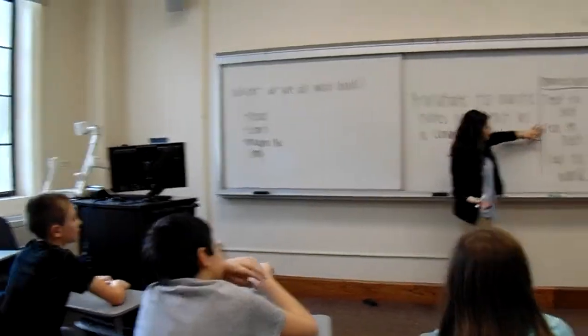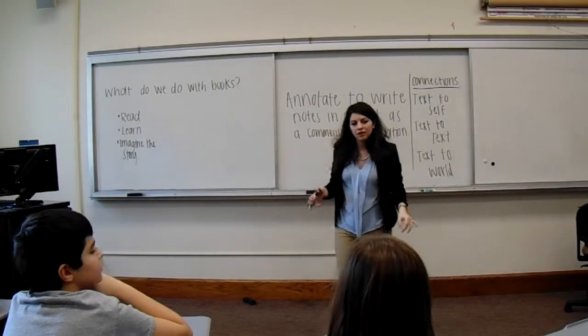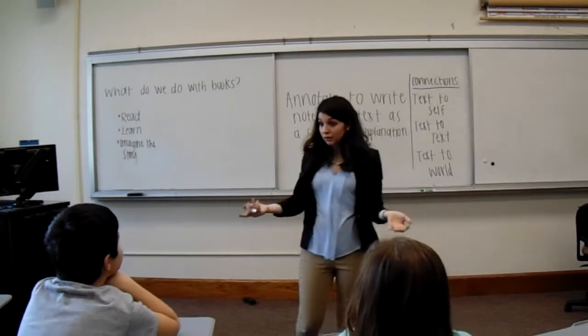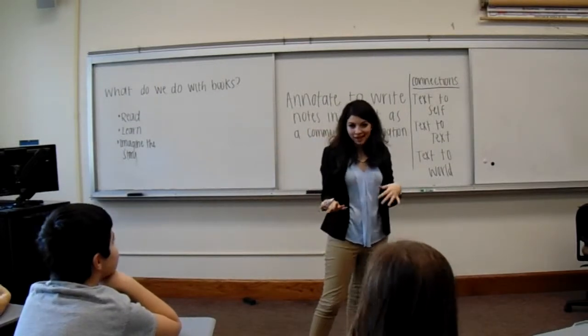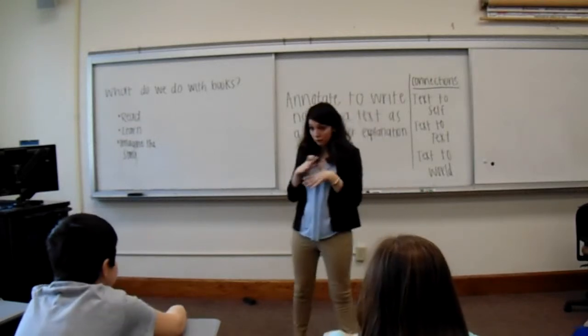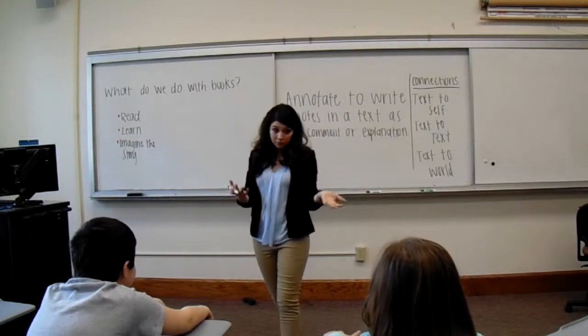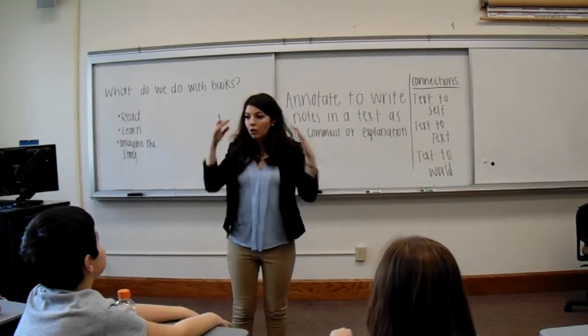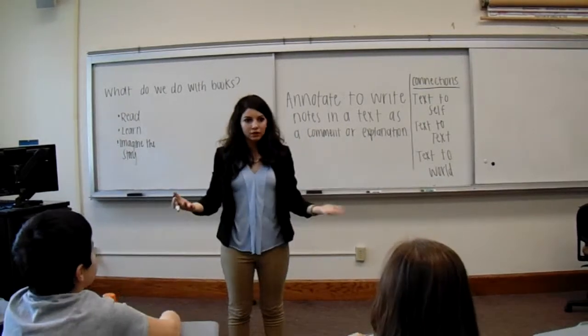So let's think about text to text. Any ideas on that one? Maybe you could connect two books together. Yeah, for sure. You guys are reading The Westing Game right now, right? So that's a mystery book. And one of my favorite books growing up was Nancy Drew, another mystery book. So let's think you guys are reading Nancy Drew and you think, oh, this part of the mystery reminds me of The Westing Game.